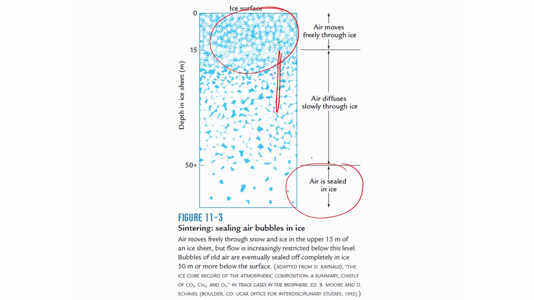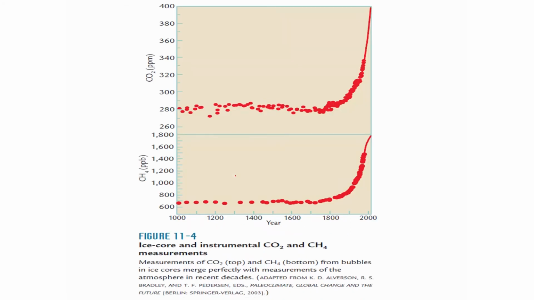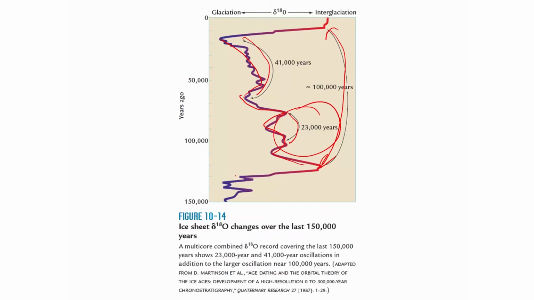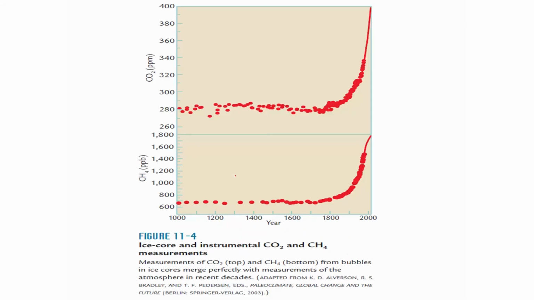But once the glacier is heavily compressed, the bubbles are essentially trapped. When ice cores are taken, they have to determine the time scales that are preserved and the number of years that are preserved in the ice core. That's how these data are generated.